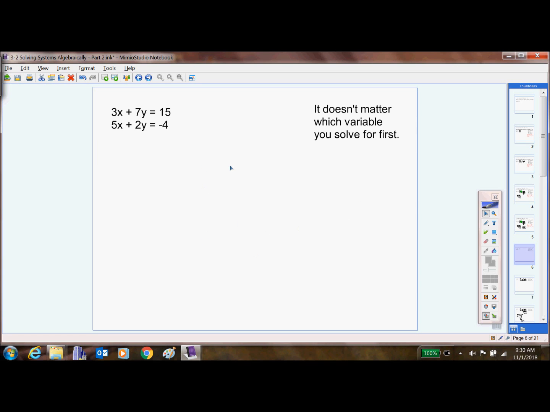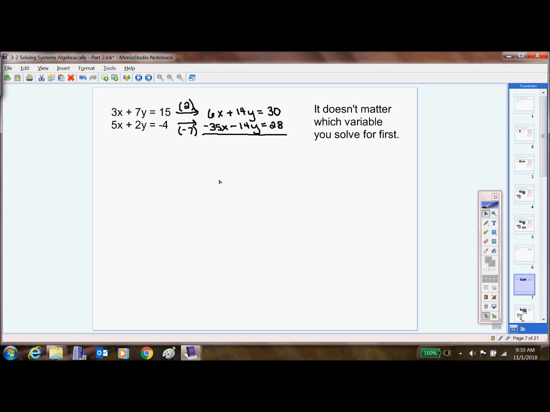Good job. All right, so yeah, multiply this one by 2 and this one by negative 7, because that's going to make these both turn out to be 14. So let's go ahead and do that. Multiply this one by 2 and this one by negative 7.